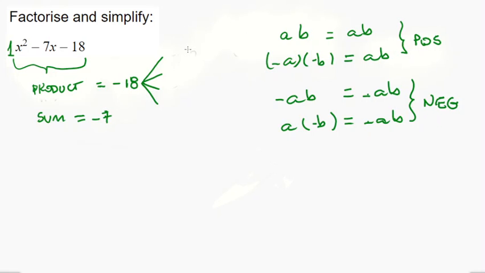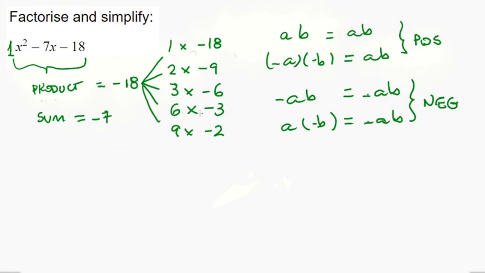So let's see. Product negative 18. I can have 1 times negative 18. But that doesn't work. Let's just do some of them. So 2 times negative 9 would also be negative 18. 3 times negative 6 would also give us negative 18. 6 times negative 3. But then we're just going backwards, right? Because then we could have 9 times negative 2 and 18 times negative 1, right?